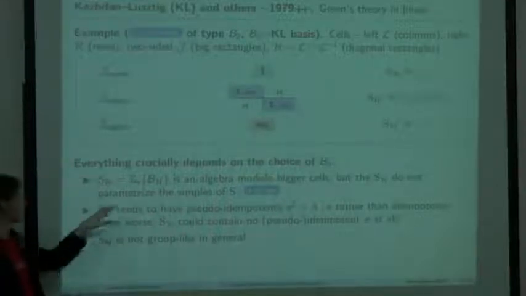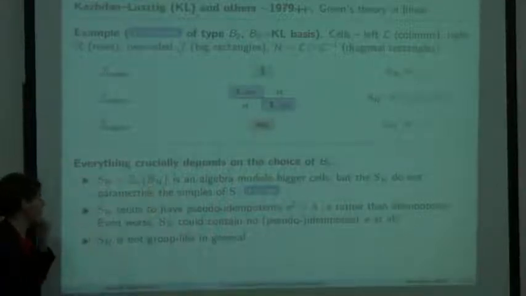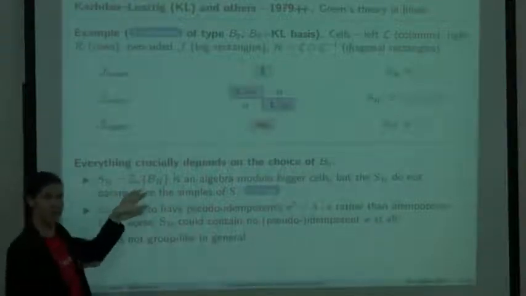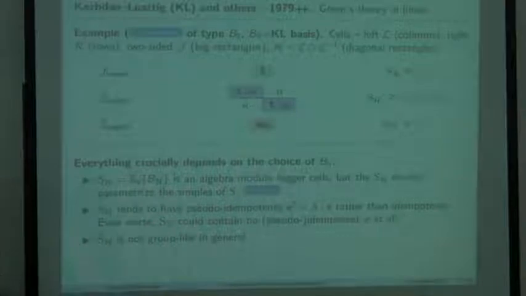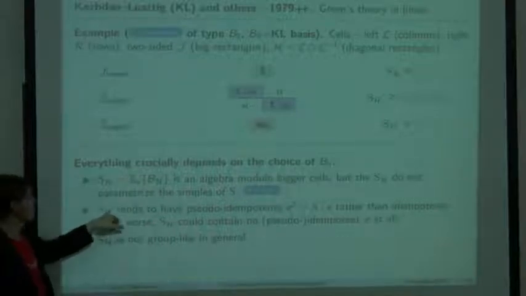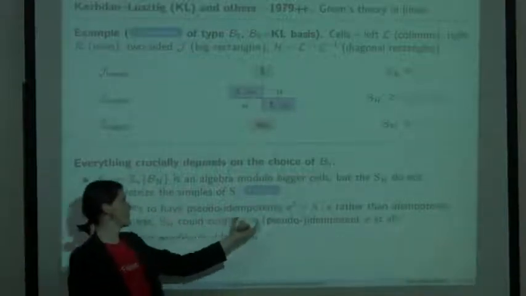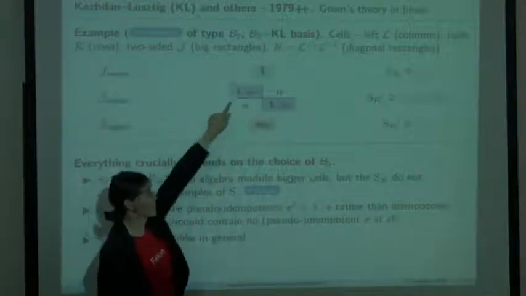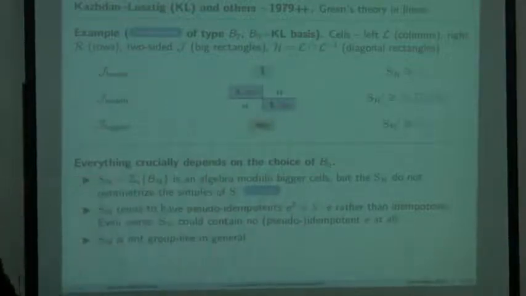However, it turns out that they in general do not parameterize the simples, as in the nice semigroup picture. This really depends on your choice of the basis. And moreover, you lose the property of having idempotents. They usually tend to be quasi-idempotents, as I just did for this example: C_s squared is (1 plus v) times C_s.